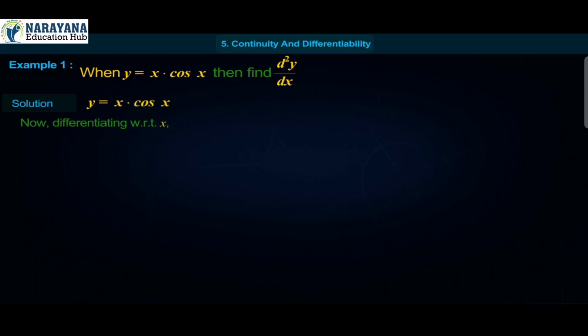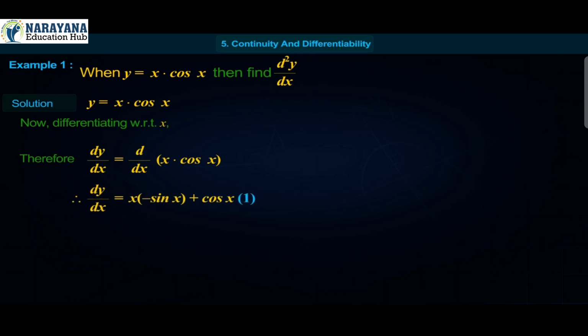Now differentiating with respect to x, therefore dy by dx is equal to d by dx of x into cos x. Therefore dy by dx is equal to x into minus sin x plus cos x into 1, which is equal to minus x into sin x plus cos x.